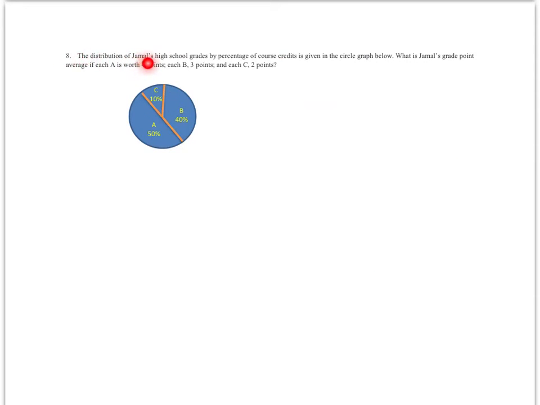The distribution of Jamal's high school grades by percentage of course credits is given by the circle graph below. What is Jamal's grade point average if A is worth 4 points, B is 3, and C is 2? Well, 50% of his grades are A's.